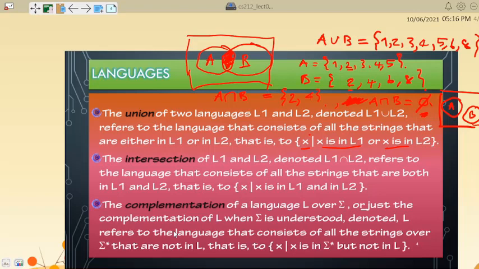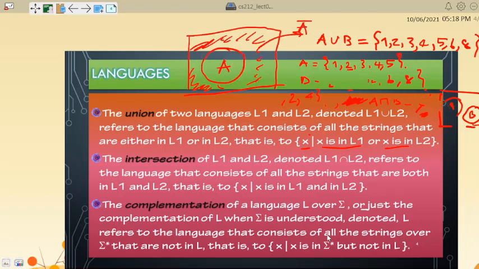If we're looking at the Venn diagram here, this region outside is A complement. We use the bar symbol: A bar is the A complement. All the elements not in A are the A complement.